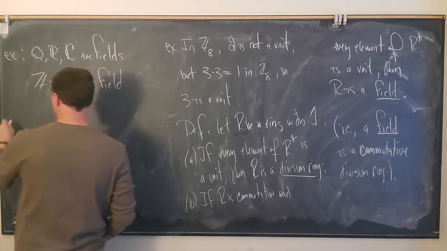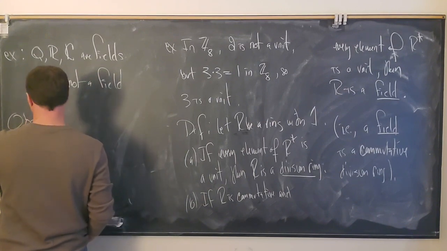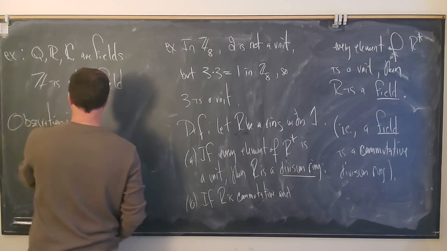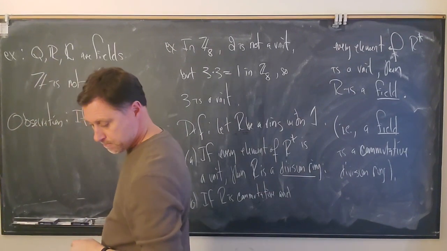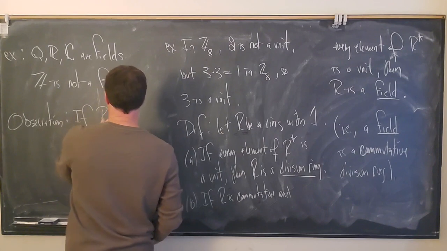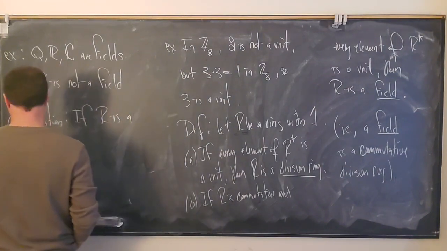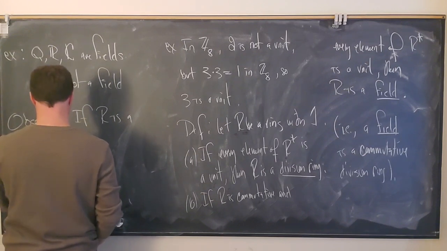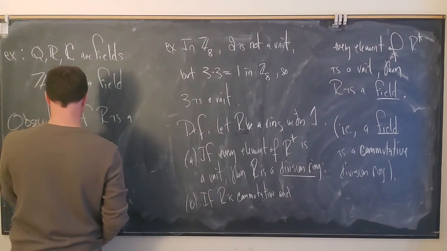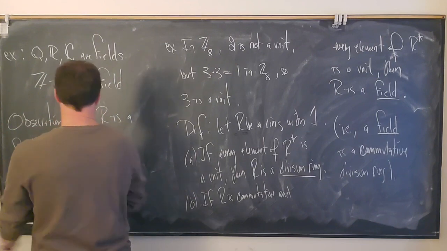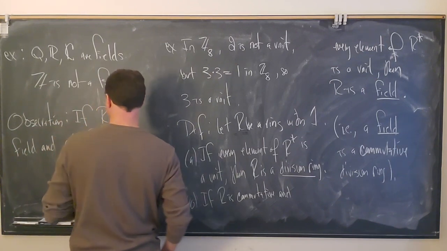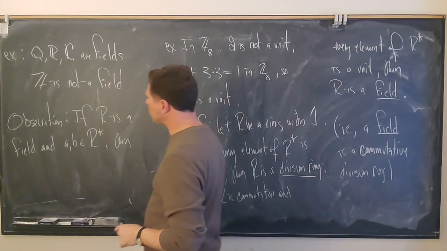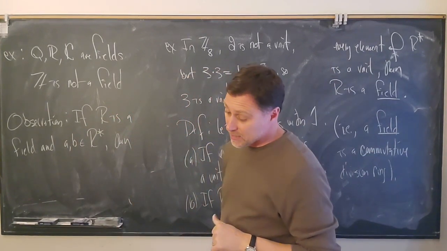So here's a quick observation. If R is a field and a and b are non-zero elements, then when we multiply a times b, what we get is a non-zero element.